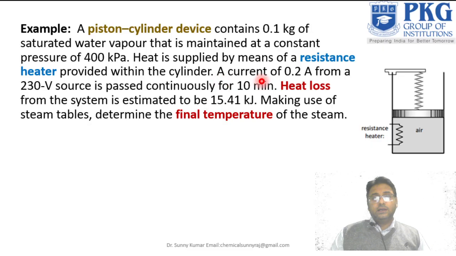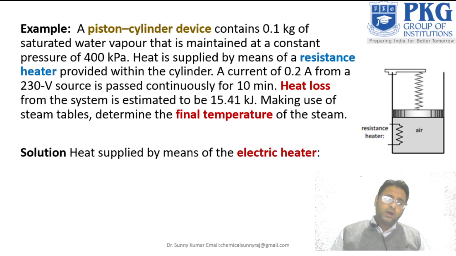A current of 0.2 ampere from a 230 volt source is passed continuously for 10 minutes. The heat loss from the system is estimated at 15.41 kilojoule. Making use of the steam table, determine the final temperature of the steam.